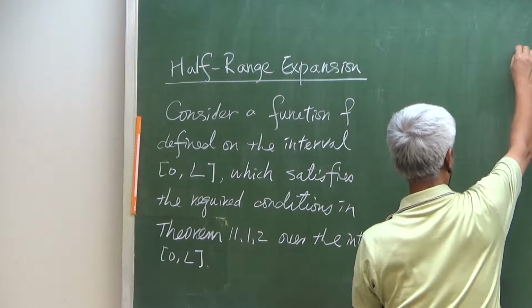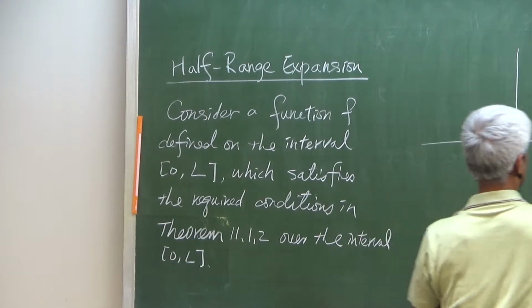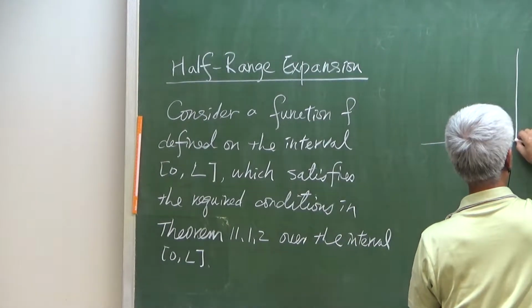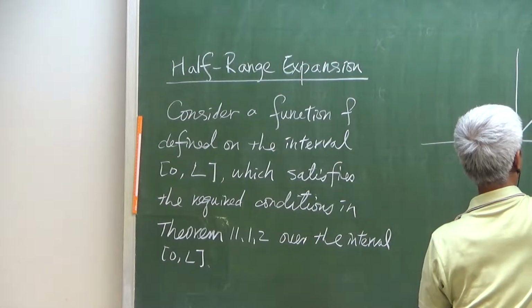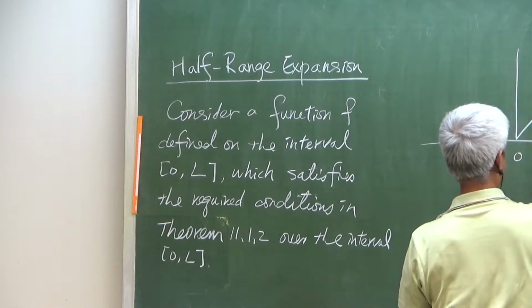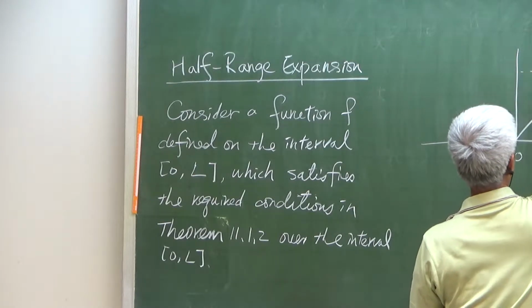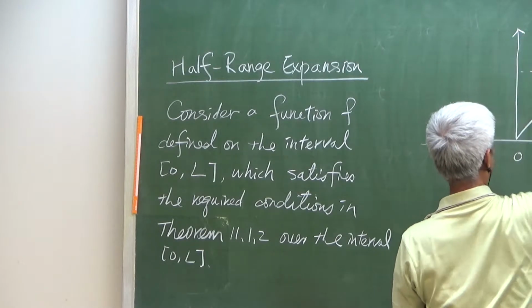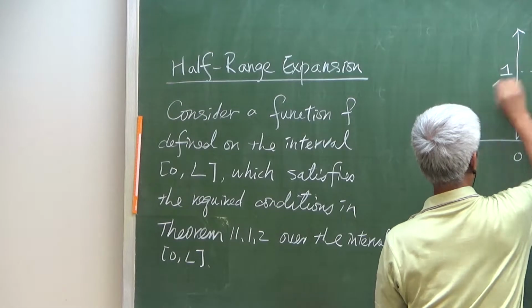So an example of this, we may say like here, from 0 to L, for example. And this is maybe called 1.